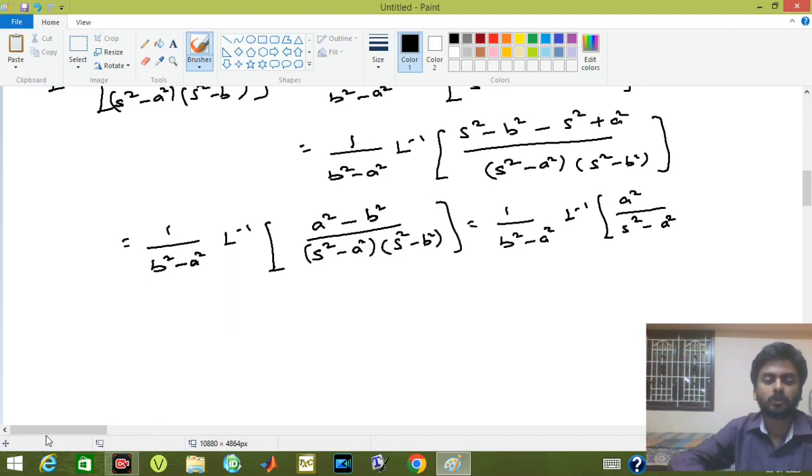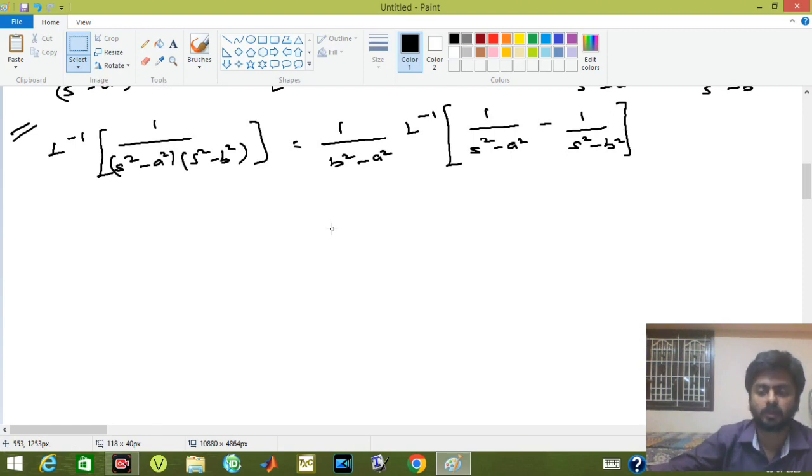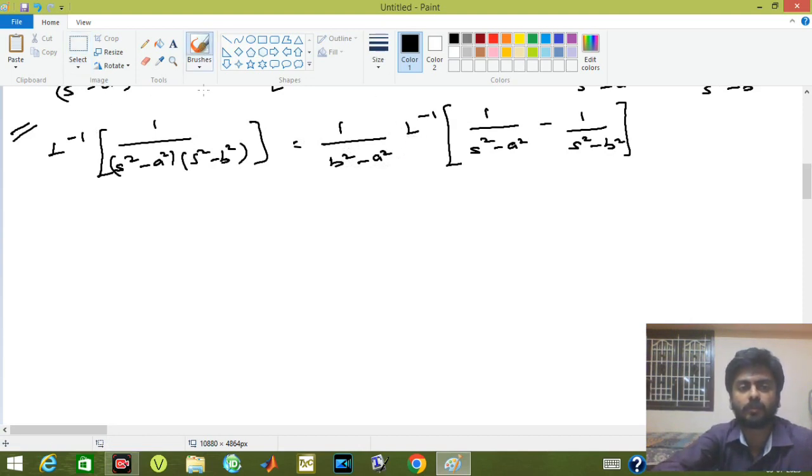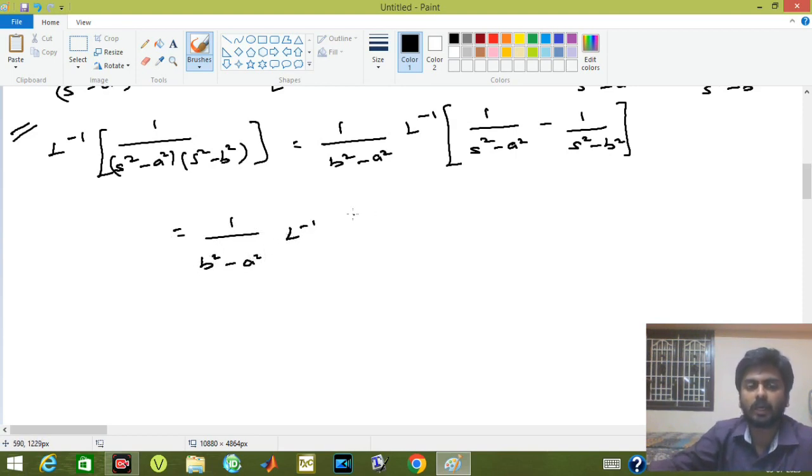So here we are having 1 by b square of this thing, 1 by s minus a square, but actually we need 1 by b square minus a square, L inverse of, we actually have to get a divided by a square minus a square, because this is having the formula.